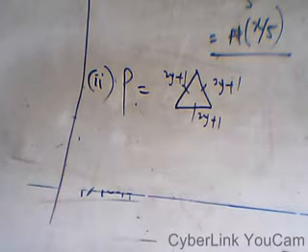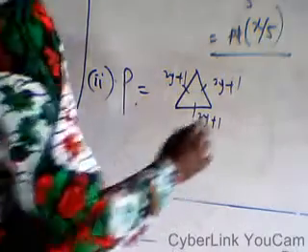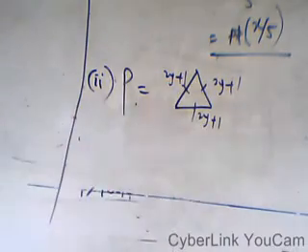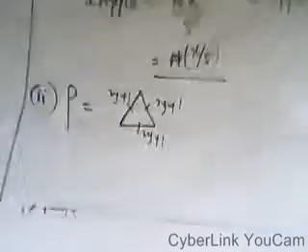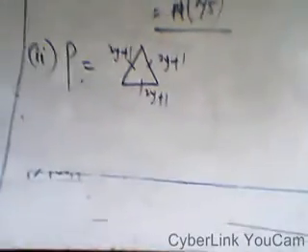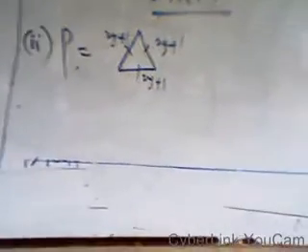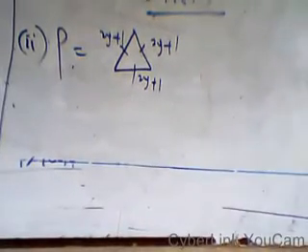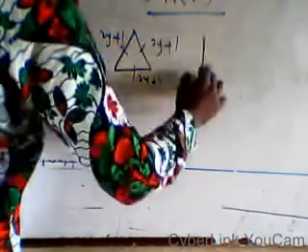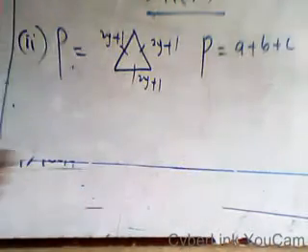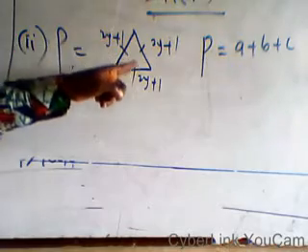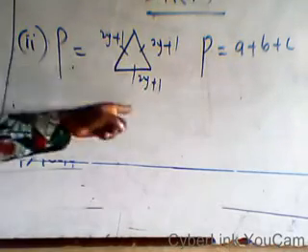If you have to find the perimeter of an equilateral triangle, the perimeter of a triangle goes with a formula. It means that our P is adding side A plus side B plus side C. So side A is 2y plus 1, 2y plus 1, 2y plus 1.